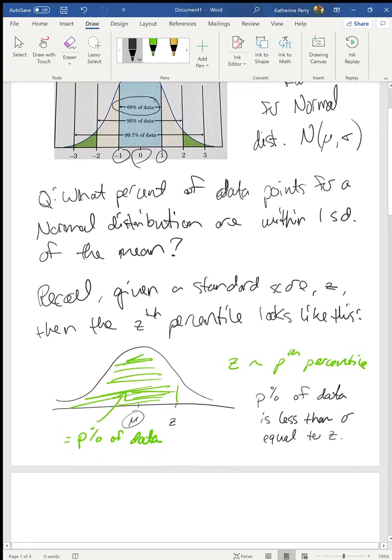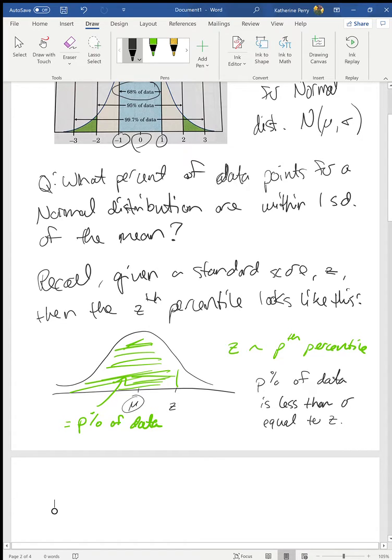Okay, so what we're after is finding out the percentile or the percent of data between this standard deviation up here and this one. And let me encourage you, if you haven't already, to pause and find out what things I need to calculate and why.